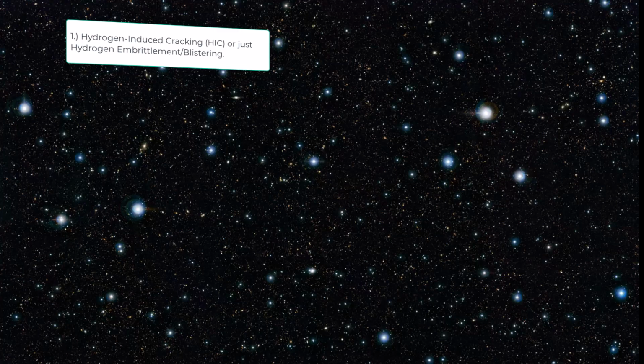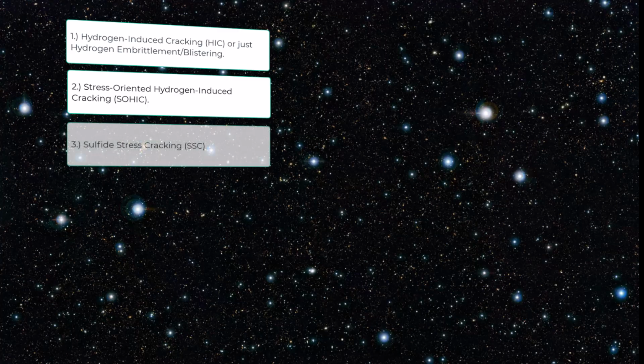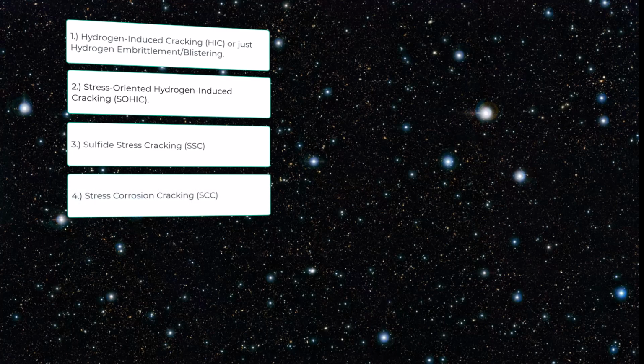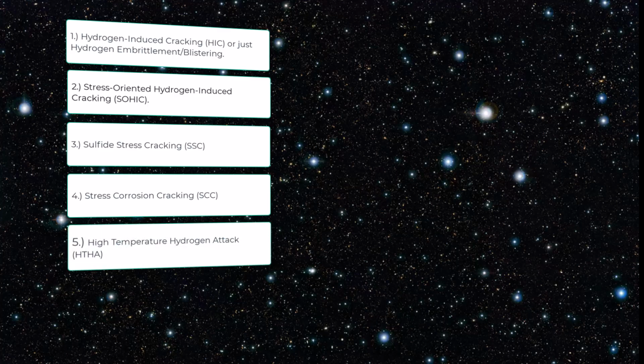Next, we find stress-oriented hydrogen-induced cracking, SOHIC, sulfide stress cracking, SSC, stress corrosion cracking, SCC, and last, high-temperature hydrogen attack, HTHA. These are the main types of hydrogen attack that we will need to be aware of.